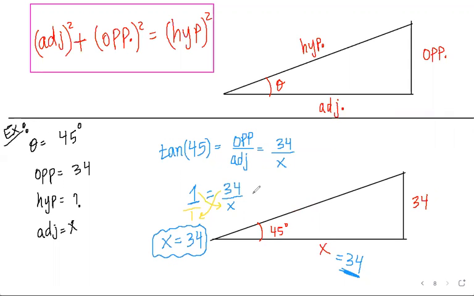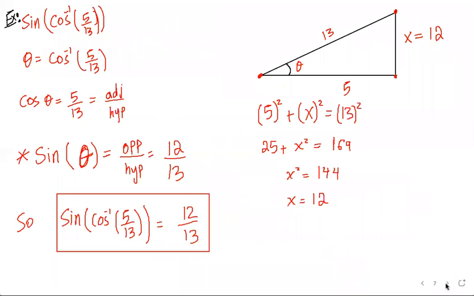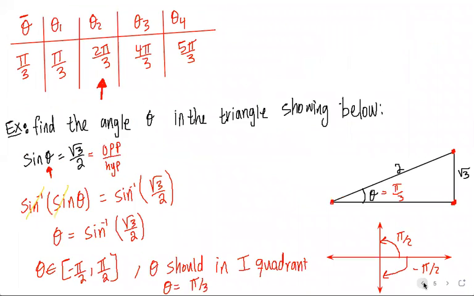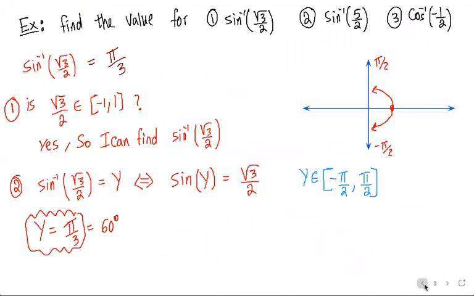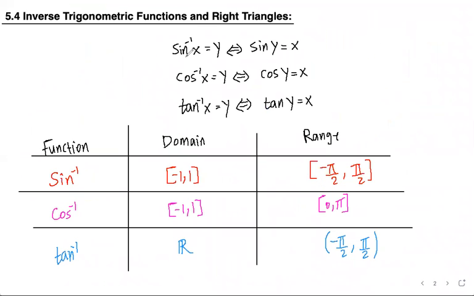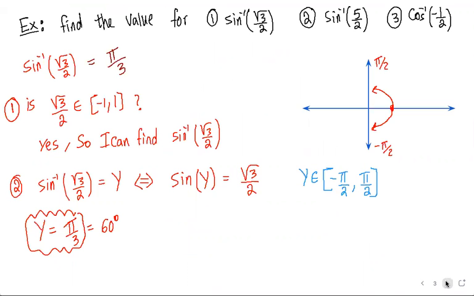Okay, now this section is finished. So we finish the chapter. This is the only example we needed in this section. And the inverse is easy. You just have to memorize properties 1, 2, 3, and you have to know the domain and the range.